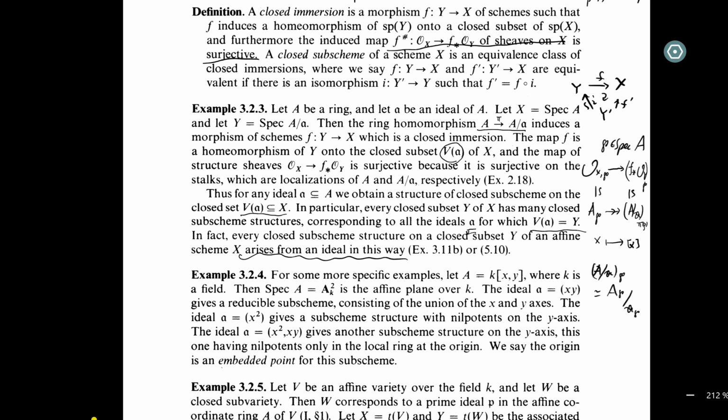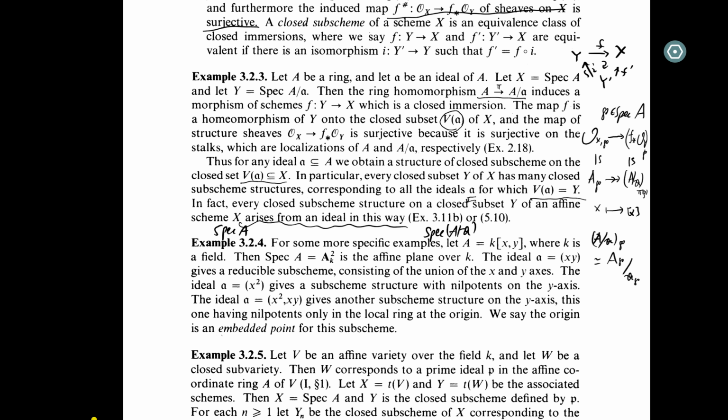Every closed subscheme structure on a closed subset Y of an affine scheme X equals Spec A arises from an ideal in this way. This means every closed subscheme of an affine scheme is of the form Spec A modulo a for some ideal a.